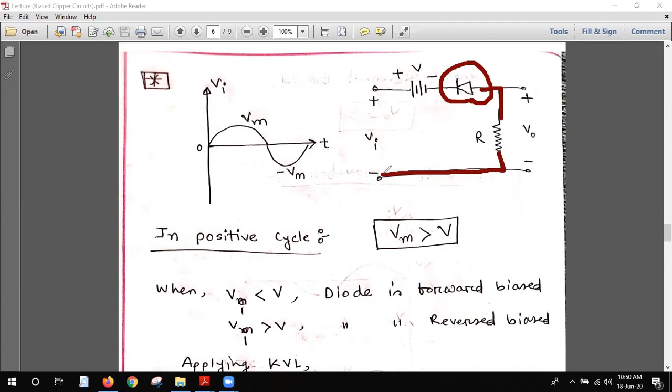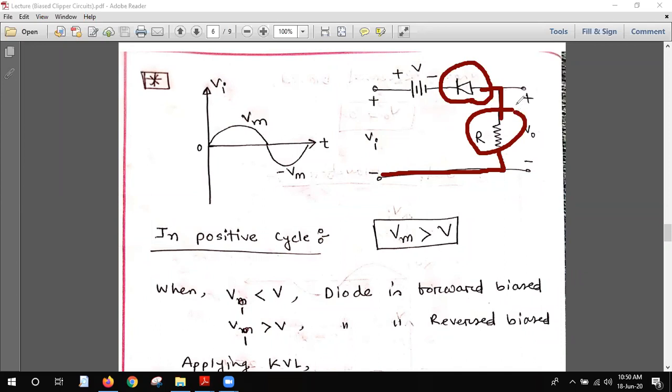I didn't mention that because I didn't want to confuse you with so many thoughts. But if the diode is in series with the load, with the output, because R is the output, then it is known as a series clipper. Today we will also see some parallel clippers after 1 or 2 examples of this.